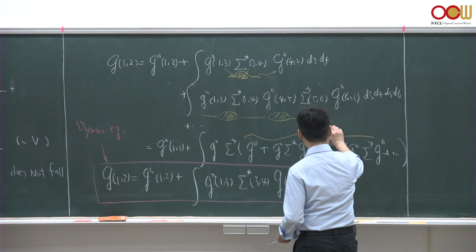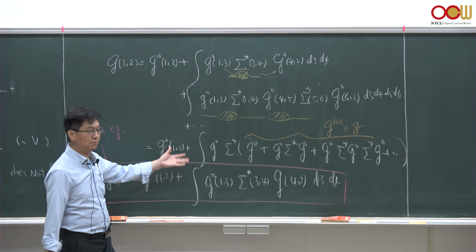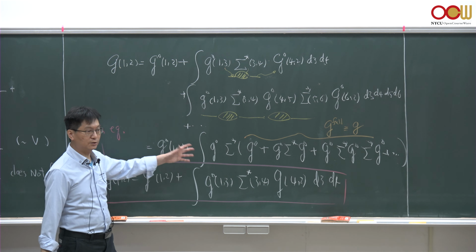The G, right? Okay, so then I could simply rewrite this expression in terms of the G inside this integral, multiplied by sigma star and G0, plus this bare propagator.